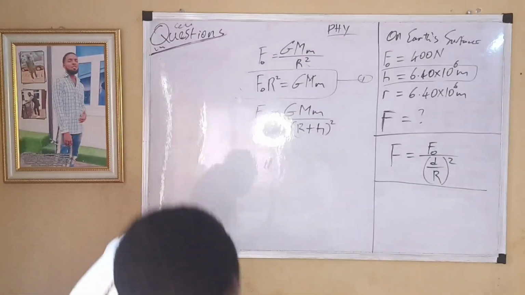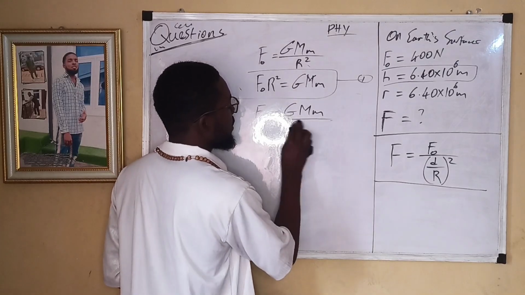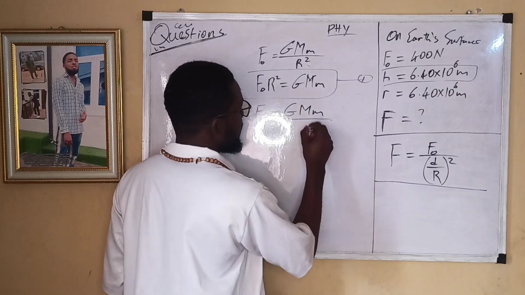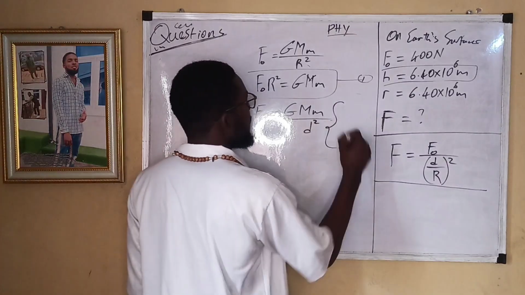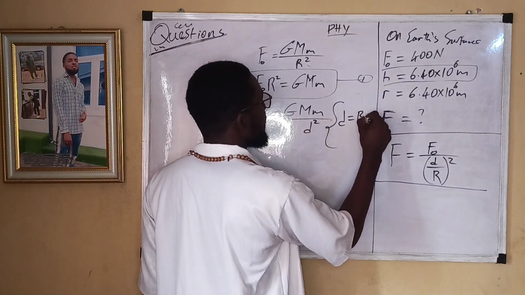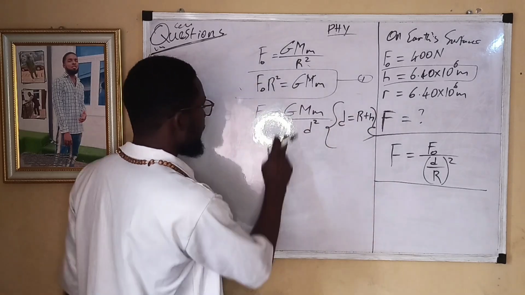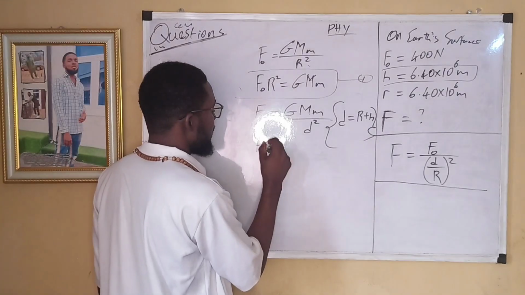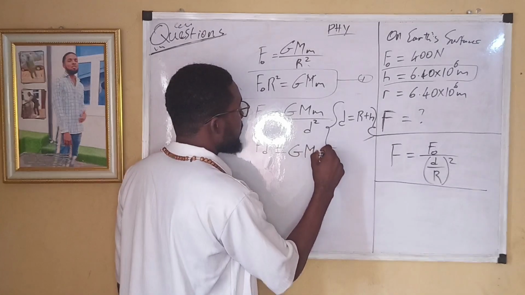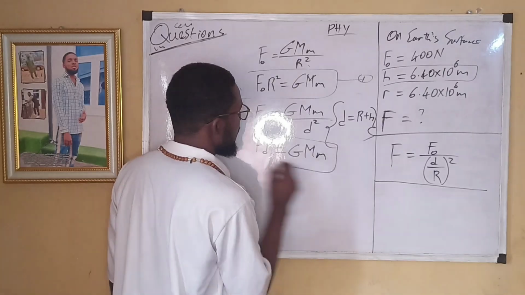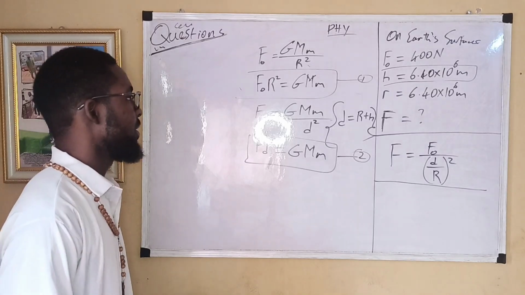Let us equate R plus h with a variable, let's call it D raised to the power of 2, where D equals R plus h. Therefore, from this equation, F D squared equals GMm. Let's call this equation 2.